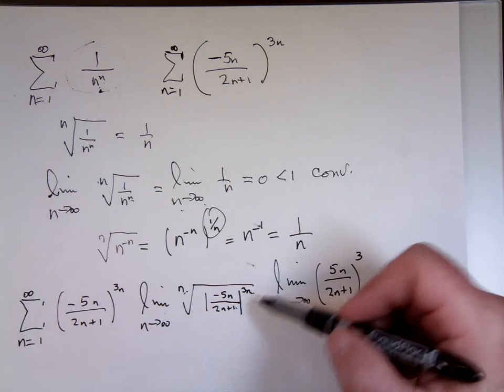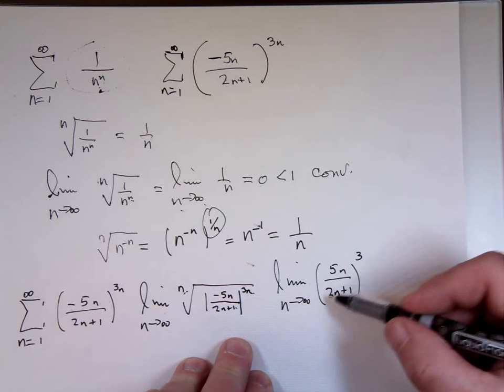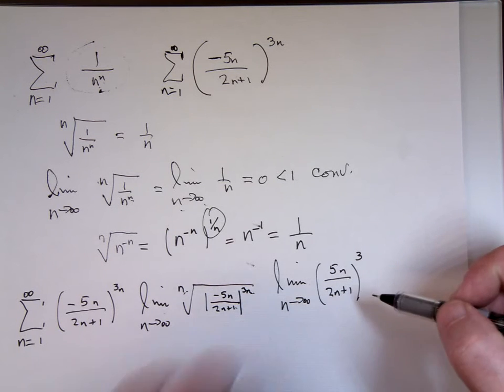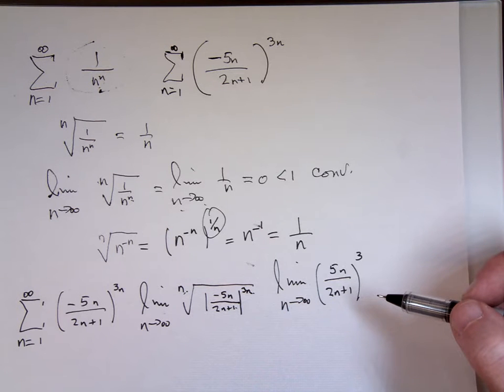What's this limit as n goes to infinity of 5n over 2n plus 1 cubed? 125 over 8. What happens as n goes to infinity? Oh, it diverges.